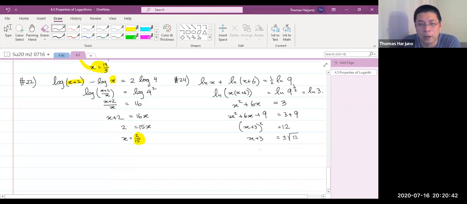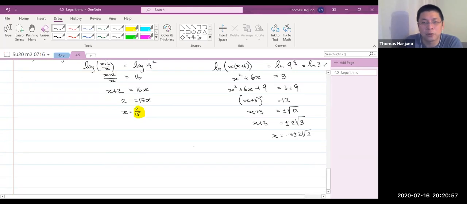In fact, I believe I asked a similar question in your test 1. This is 2 square root of 3, so I get x equals negative 3 plus or minus 2 square root of 3. Now, there are two solutions here. The first one is negative 3 plus 2 square root of 3, and x2 is negative 3 minus 2 square root of 3.